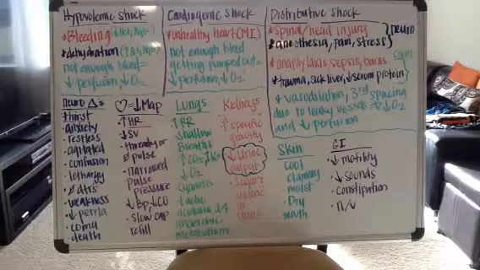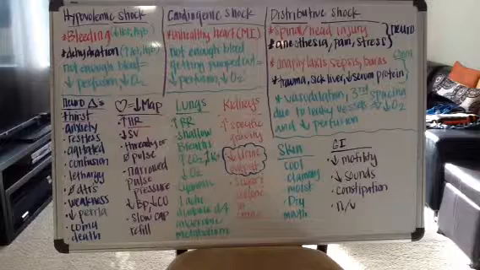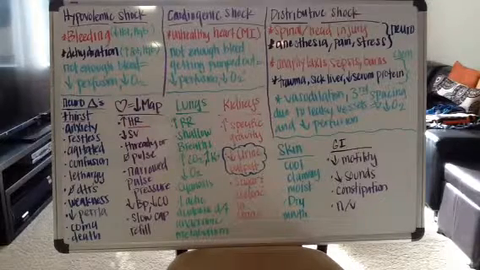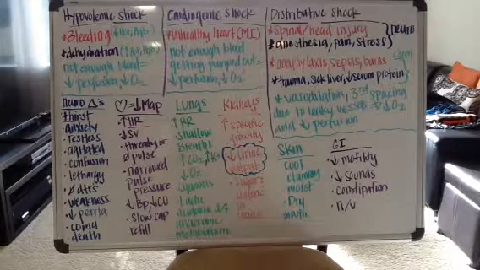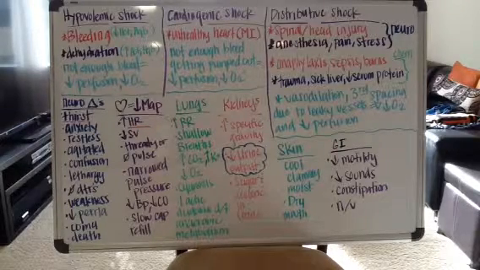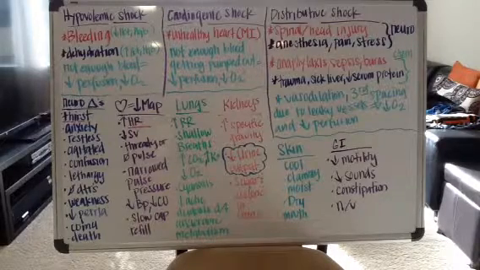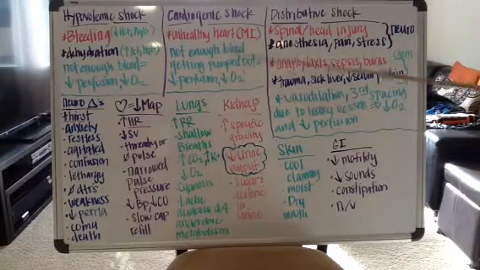They might be on NG suction. We know patients with diabetes insipidus have high risk for hypovolemic shock, right? Huge amounts of loss of fluid in a short period of time. And then your hyperglycemic patients, the patients with the poly, right? Losing tons of fluid. So all these patients are at risk for this dehydration.